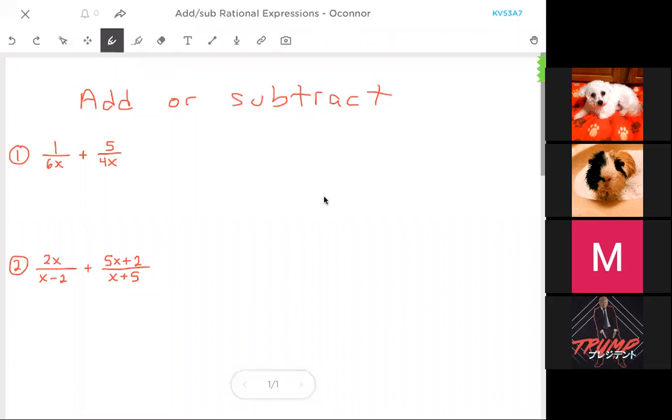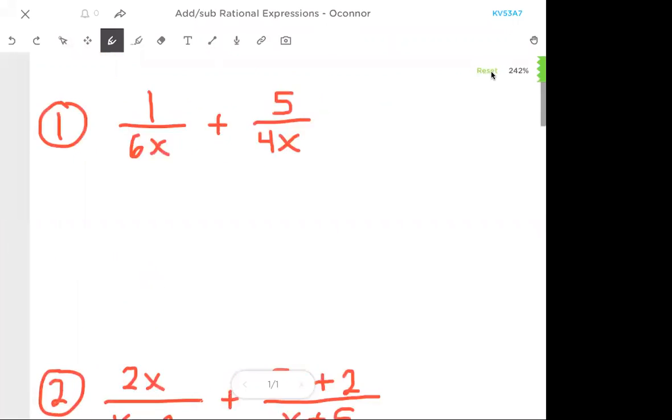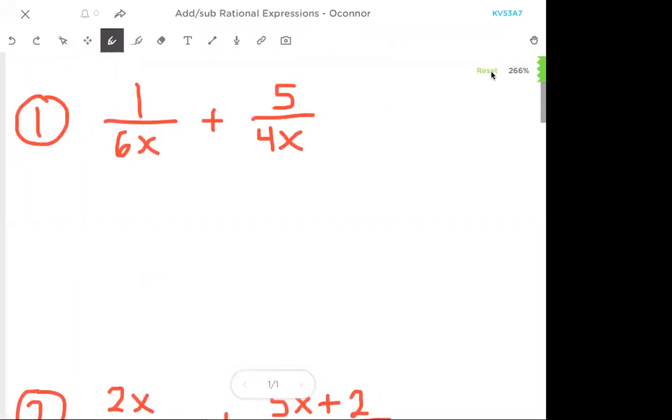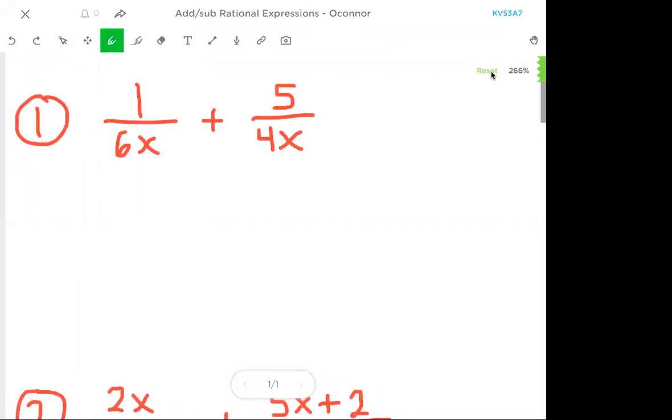Okay, I can see that some of you are done with the class kick, so I thought we'd go over that together. And if you're not done, you can keep working on those problems and I can leave these solutions up. So to do our first one, we want to find a common denominator. You're looking for a number that both 6 and 4 goes into.